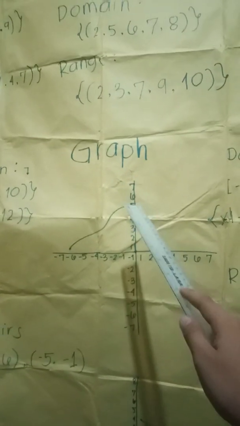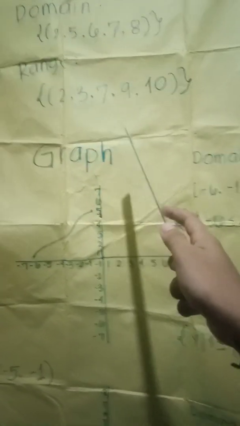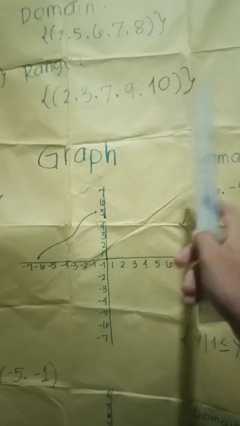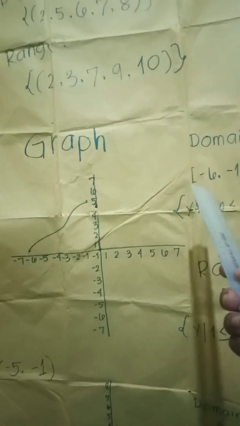The next example is the graph. In this example, we are now using a graph. The question is how do we find the domain and range.